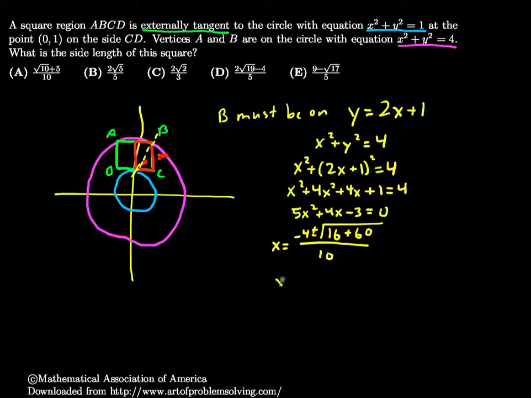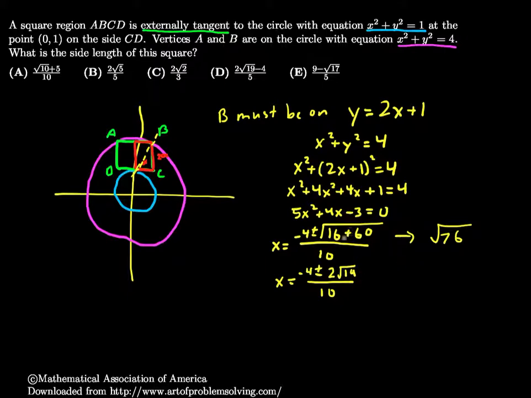So x is negative 4 plus or minus the square root of 76, and 4 goes into 76 19 times, so this is 2 root 19. I see a root 19, it's probably my answer, but let's keep going: 2 root 19 all over 10.